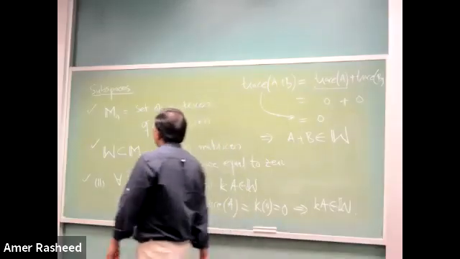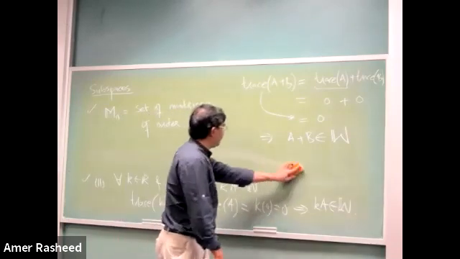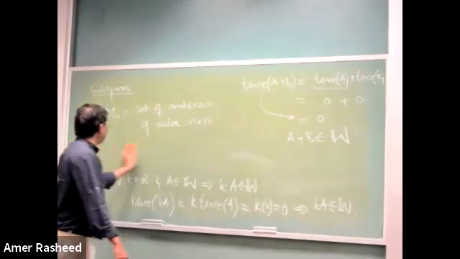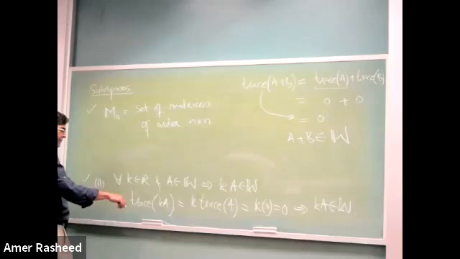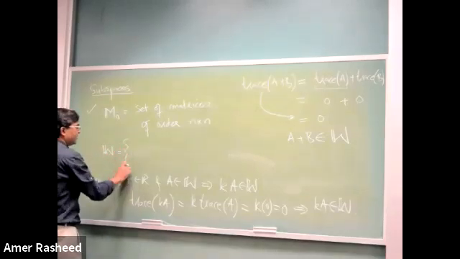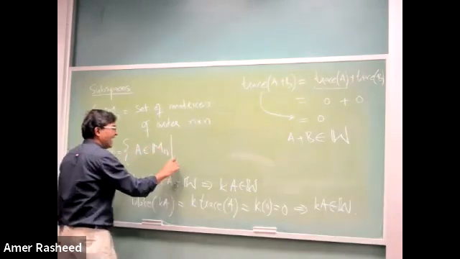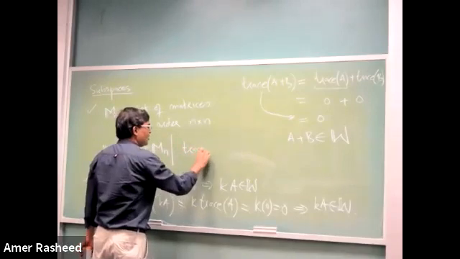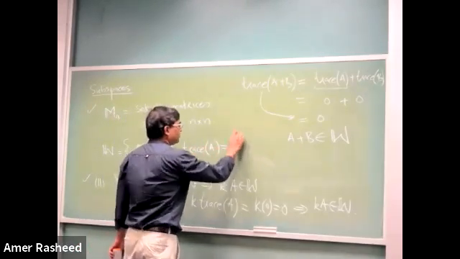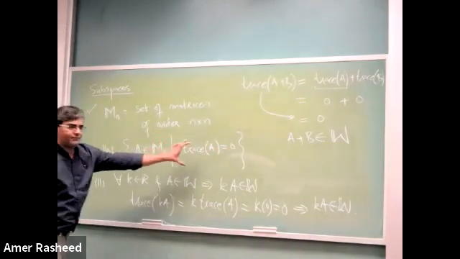Again, you need to concentrate, or you need to critically think about the sets and their elements. What kind of elements are there in W? W contains elements of Mn such that the trace of A is 0. W is this kind of a set.